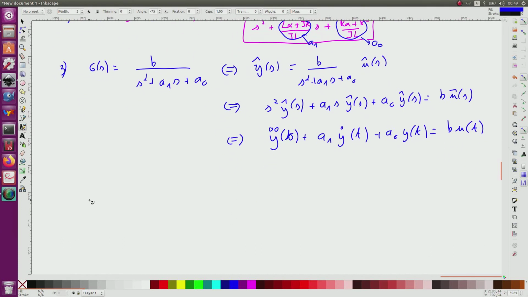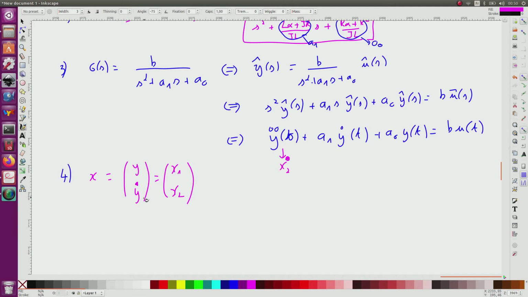I take x equal y, y dot, so this one corresponds to x1, x2, and x1 dot corresponds to x2.